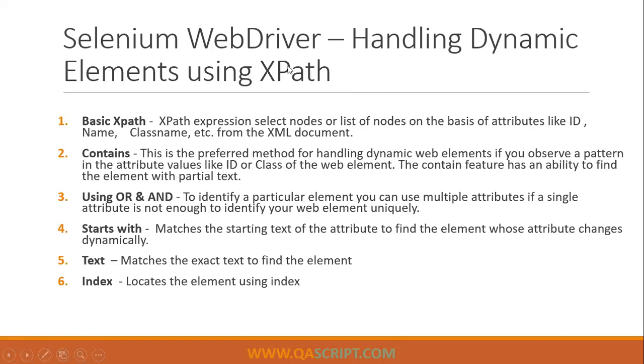right? So for example, when you click on some button, it displays a success or a failure message on the application. But even if you identify that element using some attribute, the text inside it may change depending on whether it is a success or a failure. And some attributes may also change.